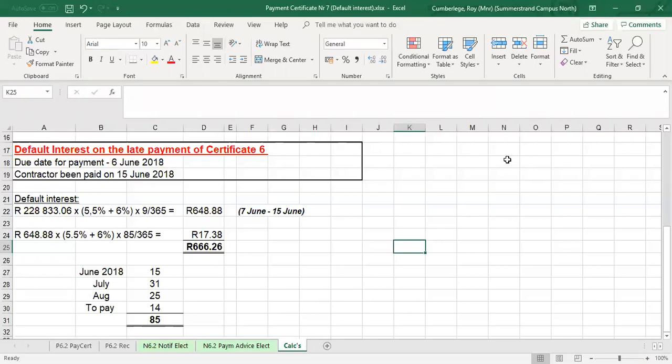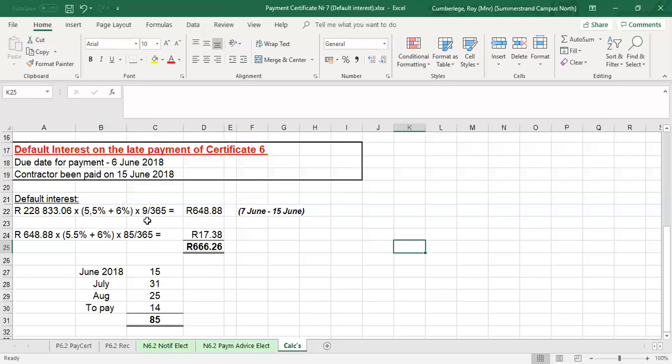If you look at the calculations for default interest, we start off with the value of the check excluding VAT. Very important. If you go to your certificate number 6, you'll find the value there of 228,833 Rand. That is the value of certificate 6 excluding VAT. The contractor received that value on the 15th, and he was 9 days late.